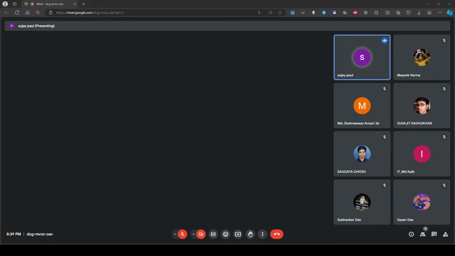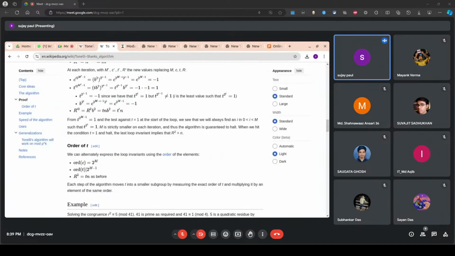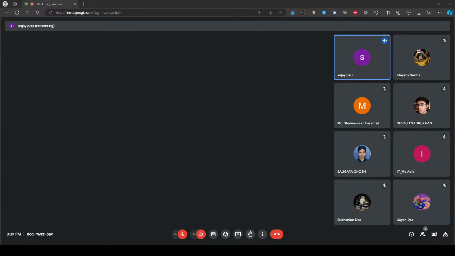So for today, I will not go further. Just go through the Tonelli-Shanks algorithm, the example, and try to implement it. It will be better if you implement this algorithm in Python. It will serve two things: your Python language concepts will be clear, as well as the algorithm will also be clear for you.